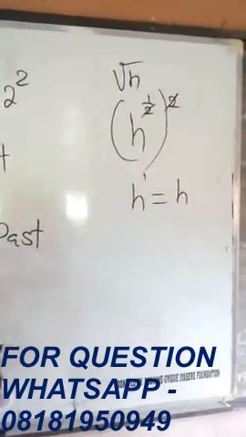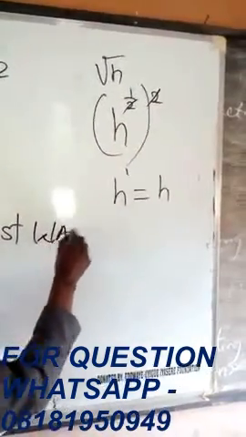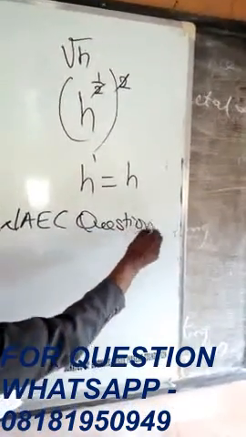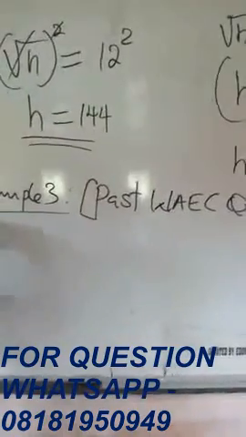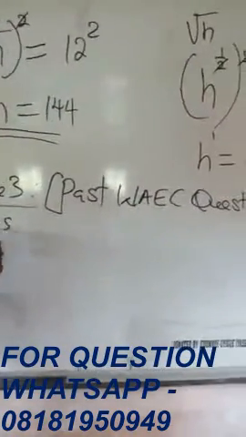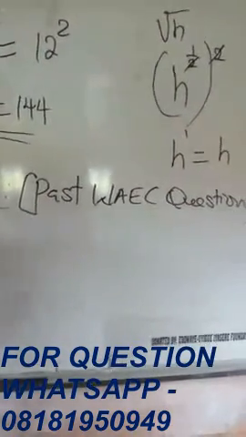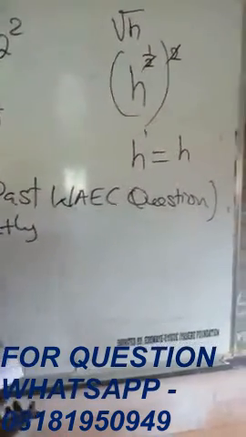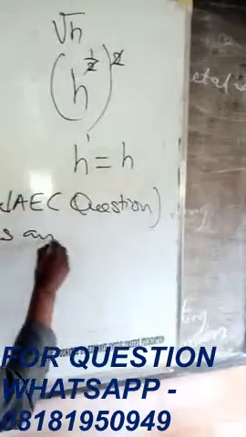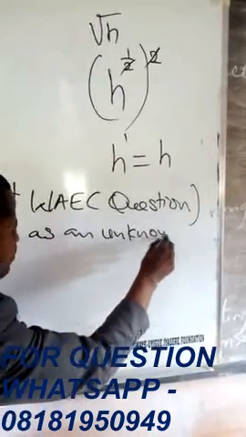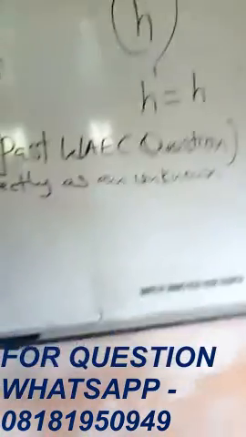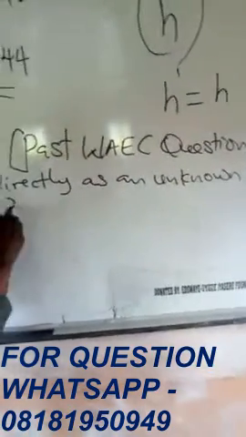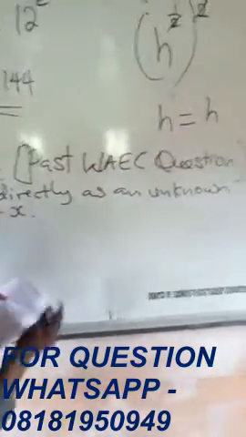Okay, example 3, this is a word question. You have to take note of this word question. See, y varies directly as an unknown power of x. Full stop.